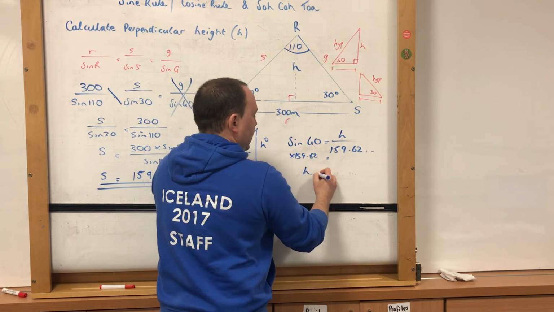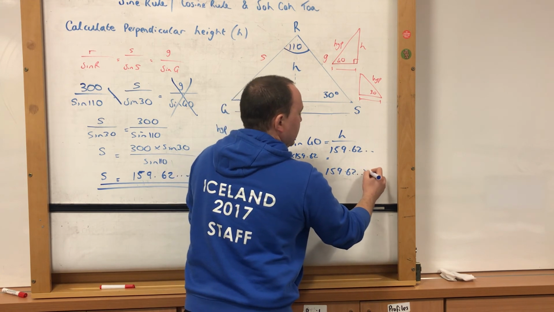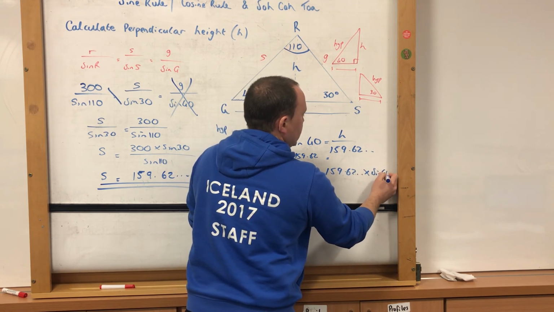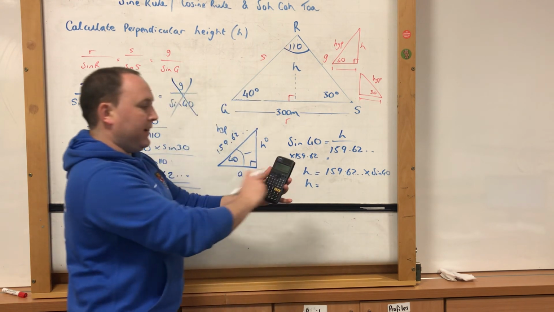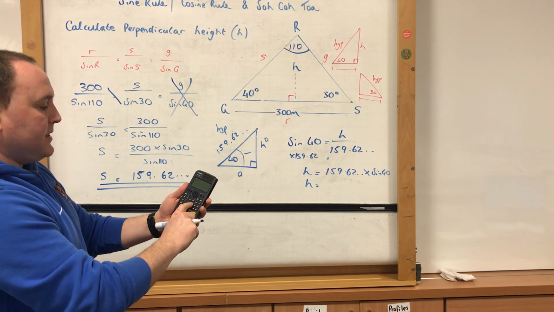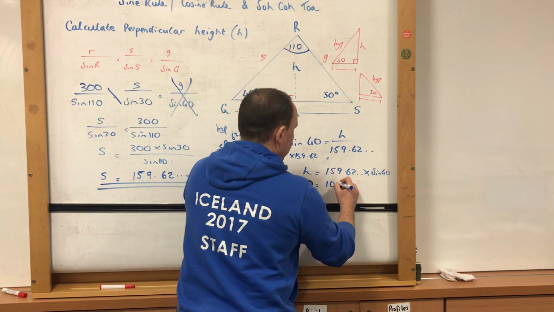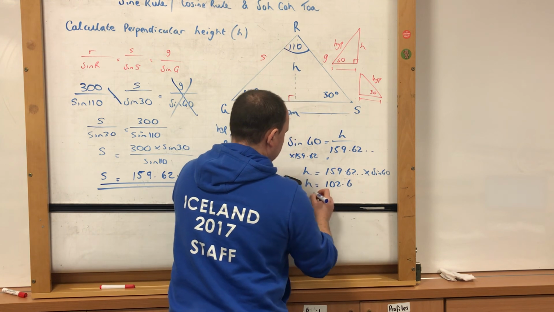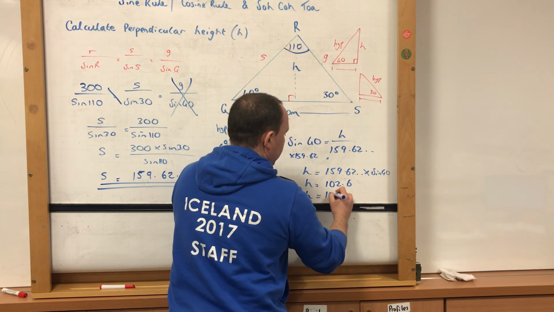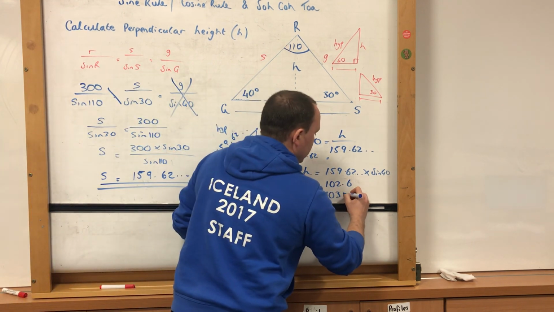So H equals 159.62 times sine 40. Okay, that's why I've kept this on my calculator. And I just need to say multiply sine 40 close bracket equals 102.6. Now let's go for three significant figures and use the units in the question, metres.